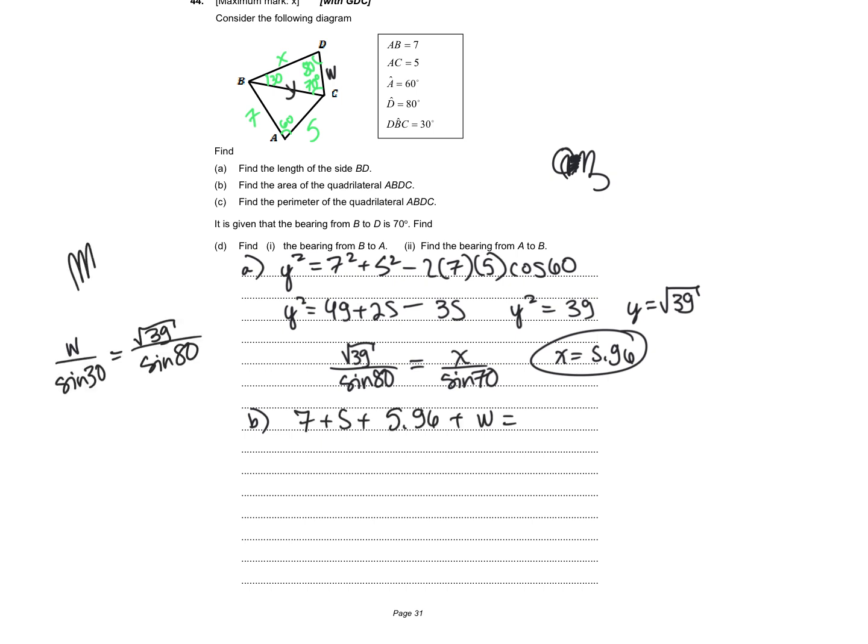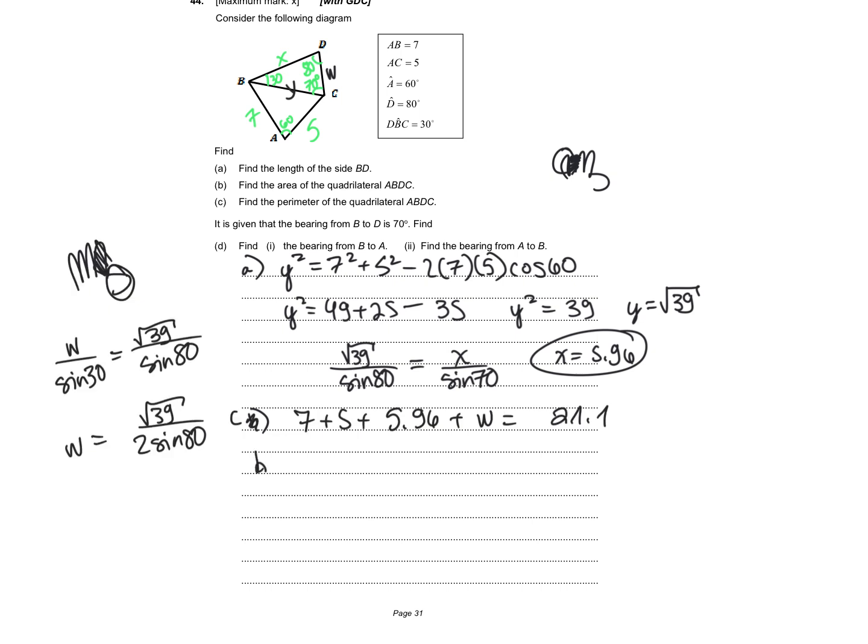So sine 30 is 1/2. So W is root 39 over 2 sine 80. We still have to use the calculator. But then we will add that all together. So when I put W in there, you end up getting 21.1 meters or whatever. Actually, this is C. That's the perimeter, adding all up.